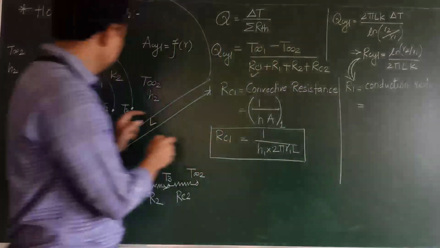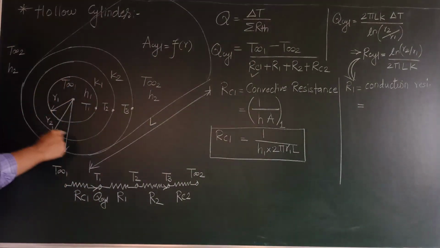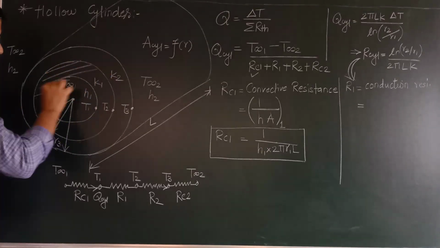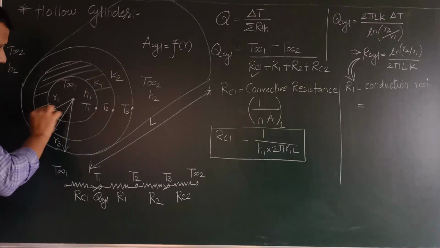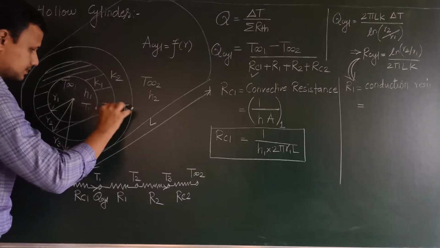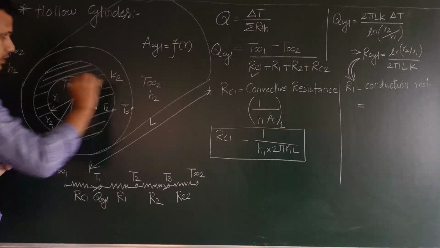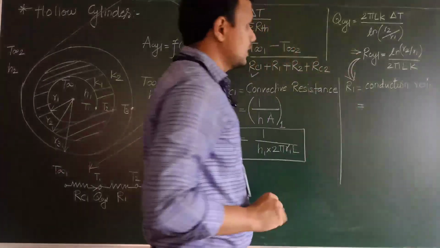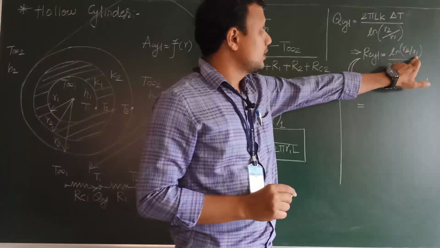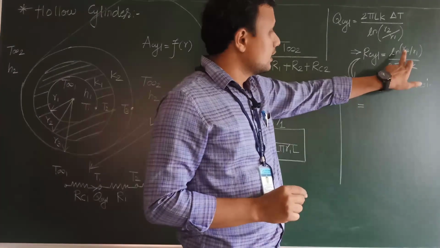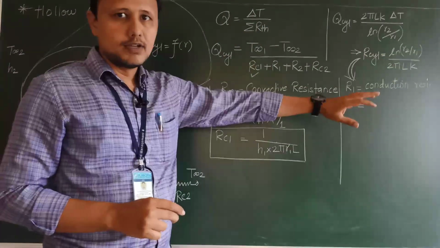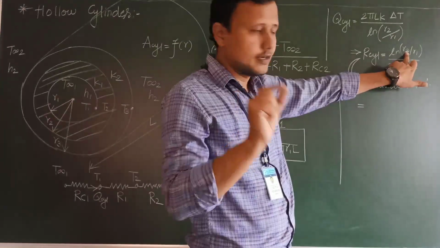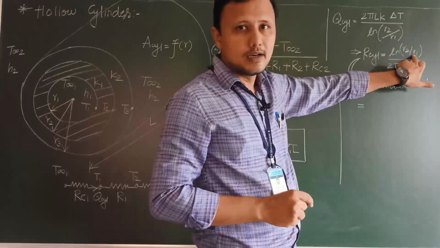Conduction resistance for the first thickness of the cylinder means we are now considering only this portion of the cylinder, the portion indicated by the hatching lines. Notice that ln of R2 by R1 doesn't mean that every time R2 by R1 will be there. R2 is the outer radius for that particular cylindrical section, R1 is the internal radius.